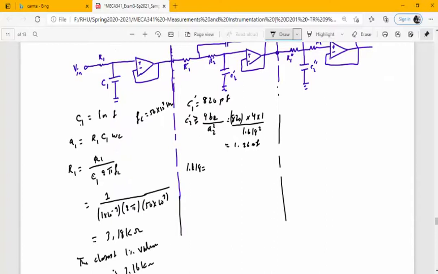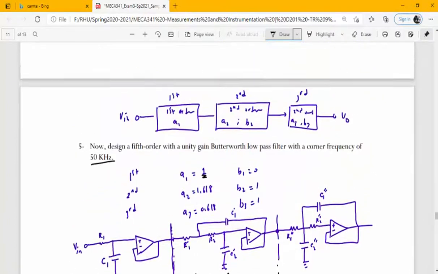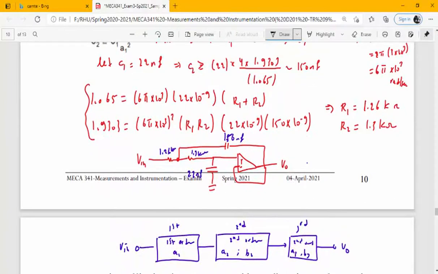Omega c is 2 pi f, 2 pi times 50 times 10 power 3. The cutoff frequency is 50 kilohertz.